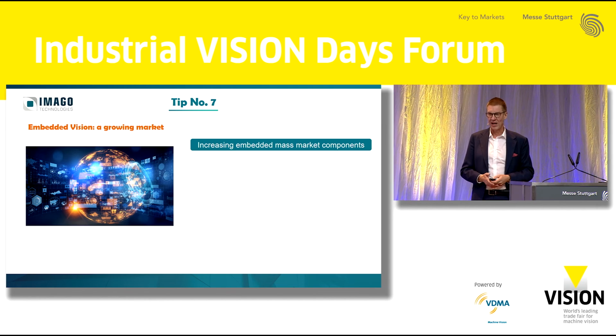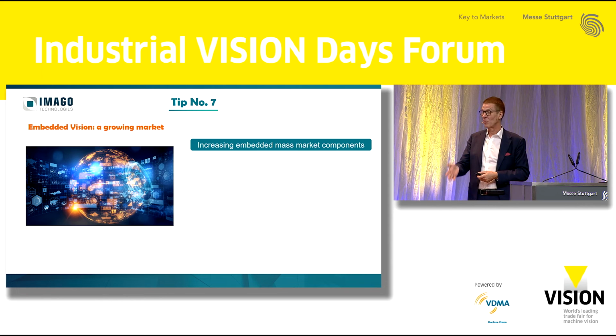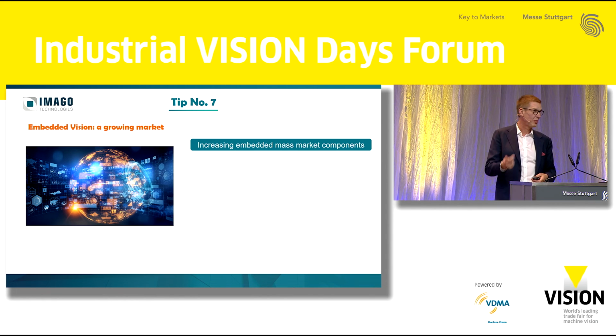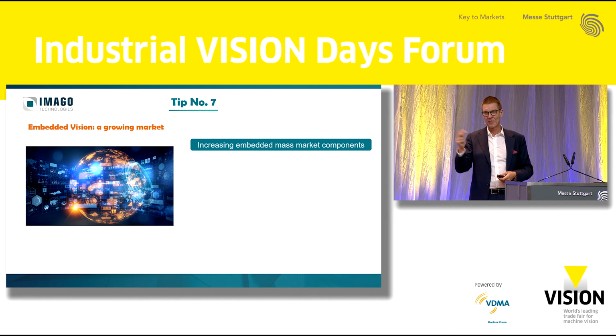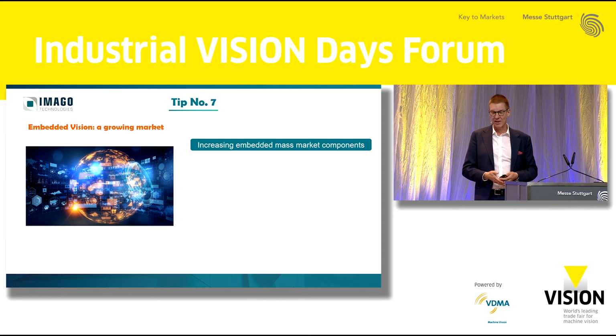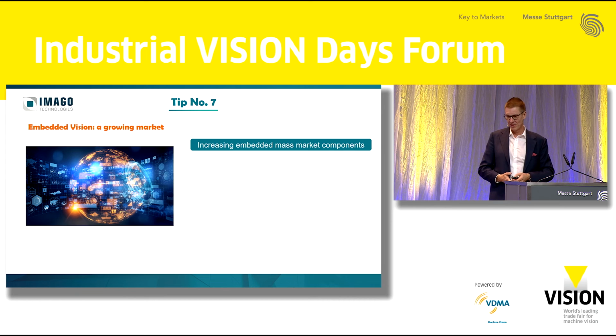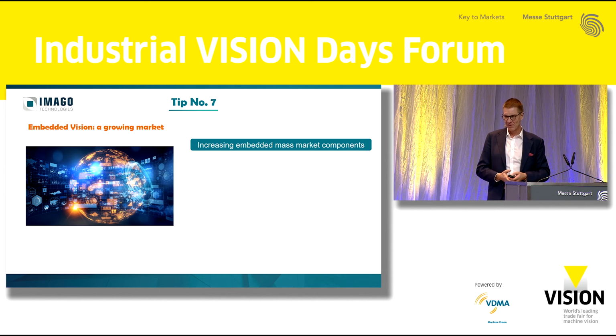We have other mass markets, for instance, autonomous driving, 5G, Internet of Things. These markets drive the development of CPUs, of GPUs, etc. And we have the chance to take these technologies and use them in machine vision. But we have to look into these other mass markets.